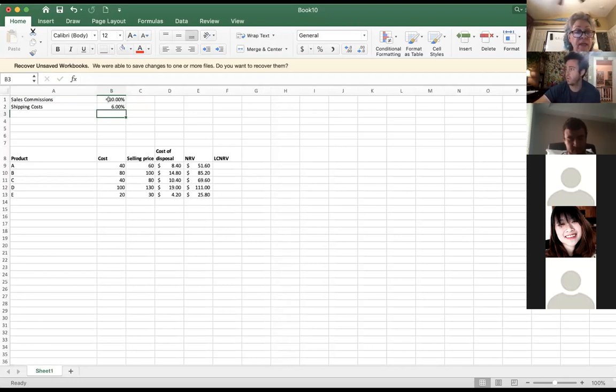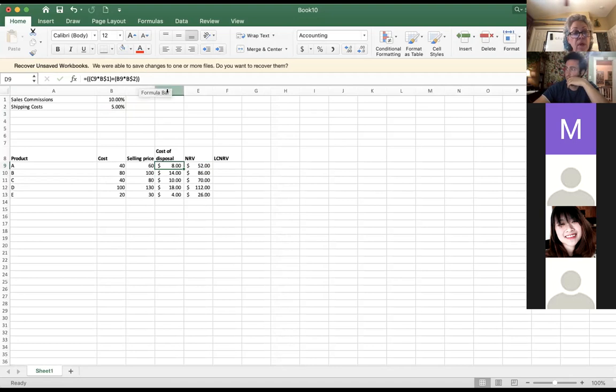Good Excel technique is using your input boxes so that when you see my calculations, you don't see a single hard-coded number.